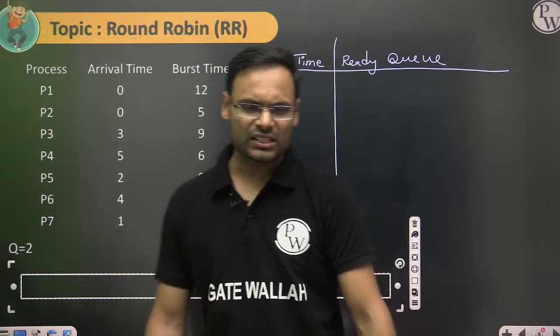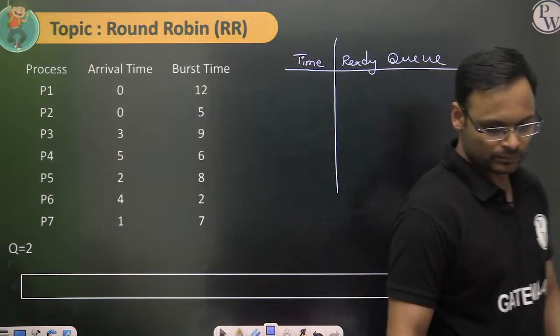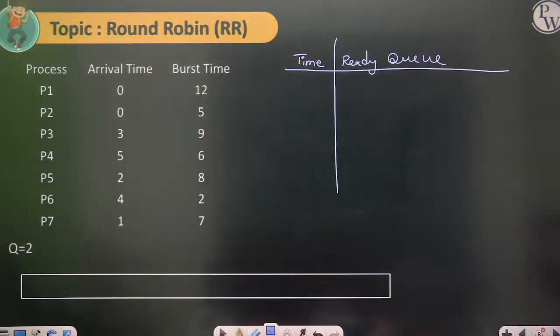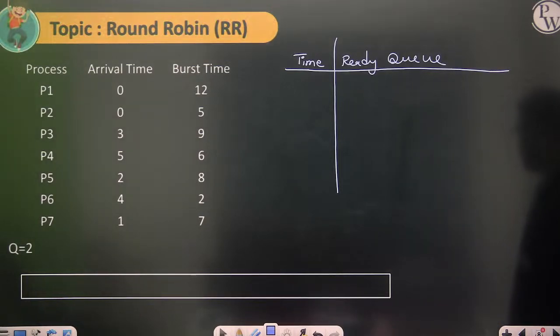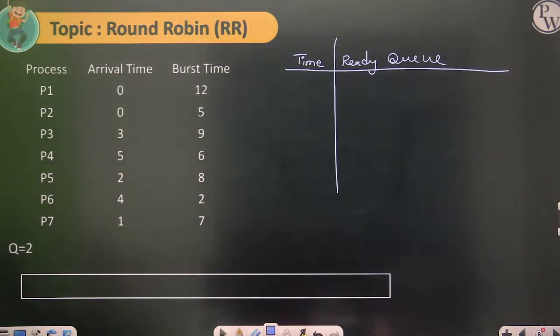You will be stuck somewhere in between. Question is very simple. It's just that whatever method I have explained, you guys will have to apply. If you can apply, it's easy to get the answer also.